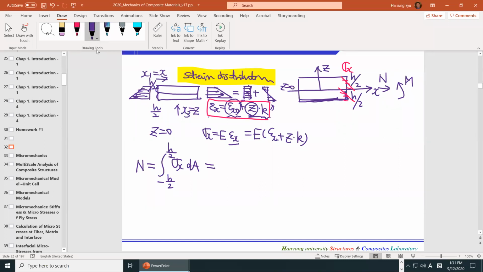Anyhow, we have sigma x here, so we can integrate over the thickness h, with E, Young's modulus, epsilon x0, which is a constant, and zk. And now, what is dA? dA means any cross section.